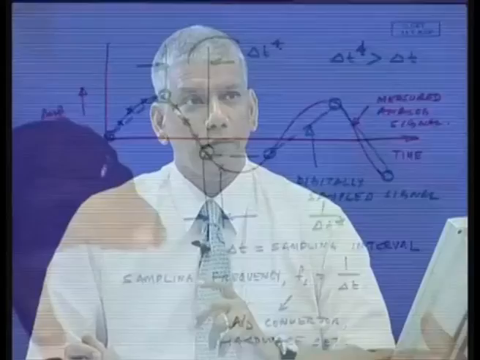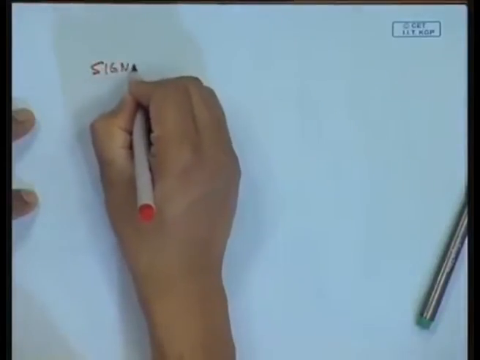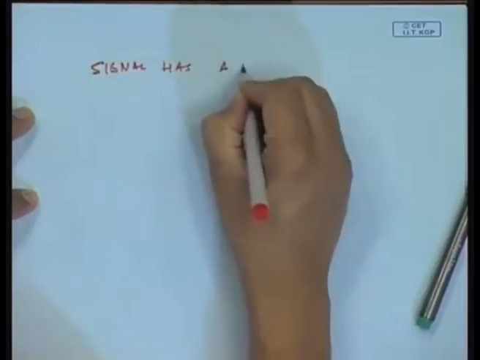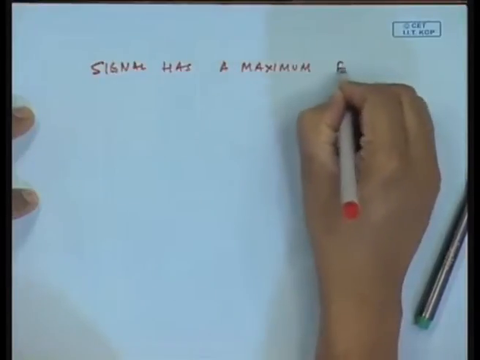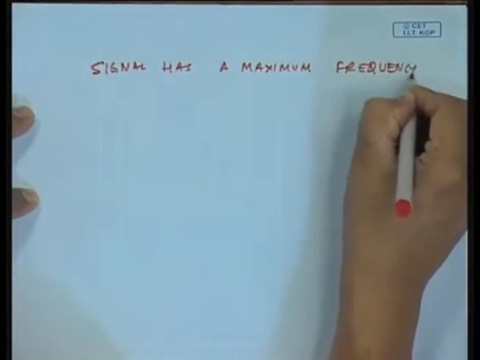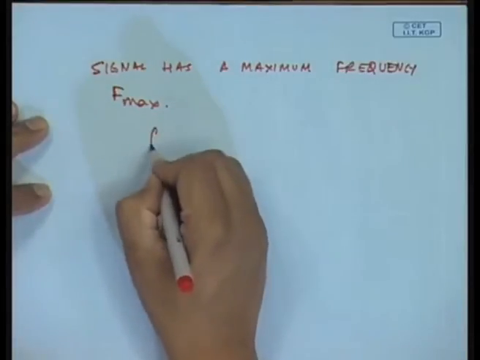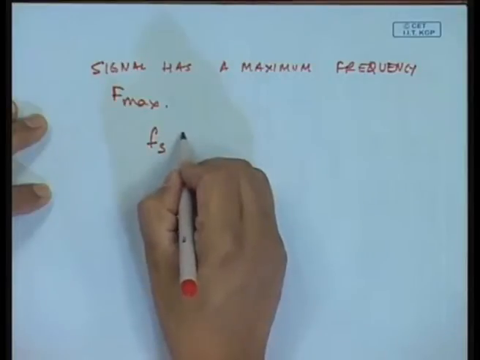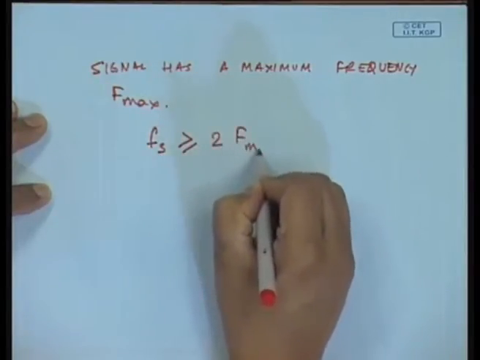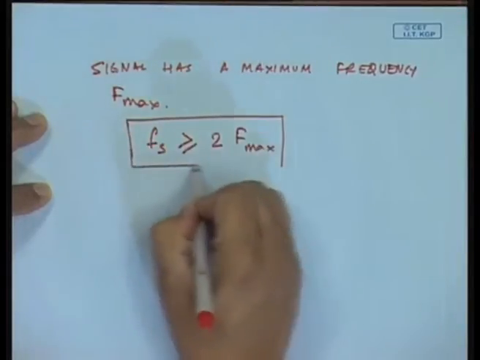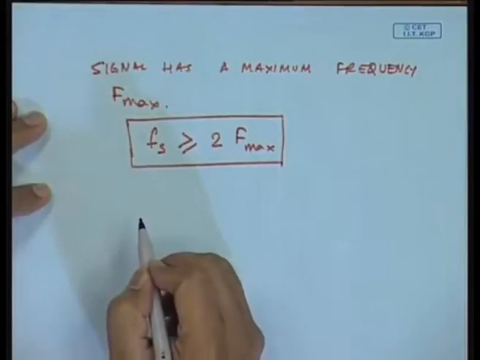So, we have to decide. The higher the sampling rate is good, but then there are limitations, as we will see later on. So, if my signal has a maximum frequency of f max, there is a theorem which says that I should sample at a rate at least twice of f max, so that this kind of errors in sampling are avoided.